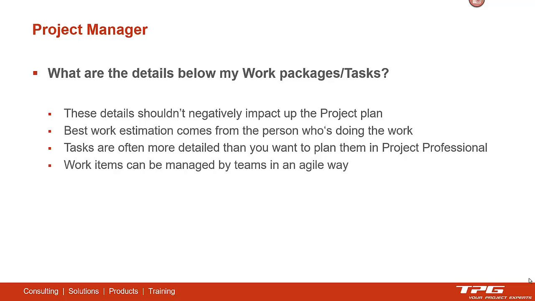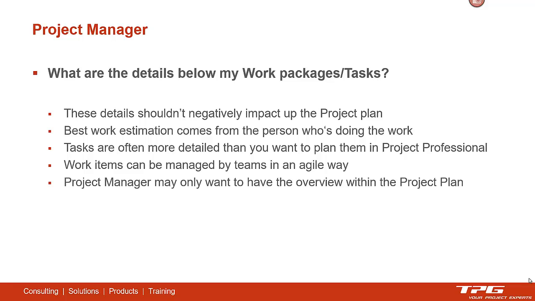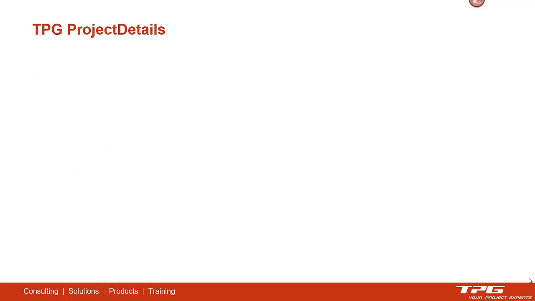Work items can be managed by teams, for instance in an agile way, for instance Scrum teams. Project managers may only want to have a rough overview within the project plan, not every detail, which is managed by different teams. And for that we have a tool called Project Details.